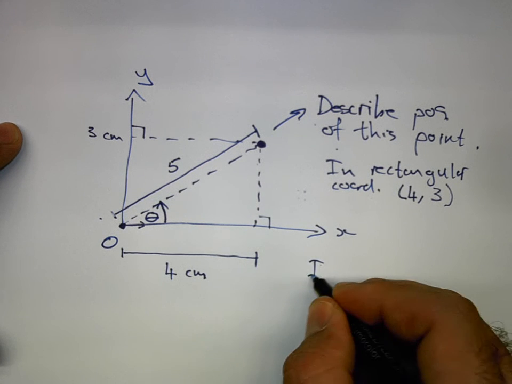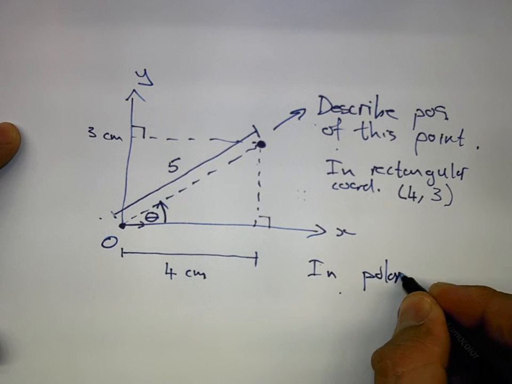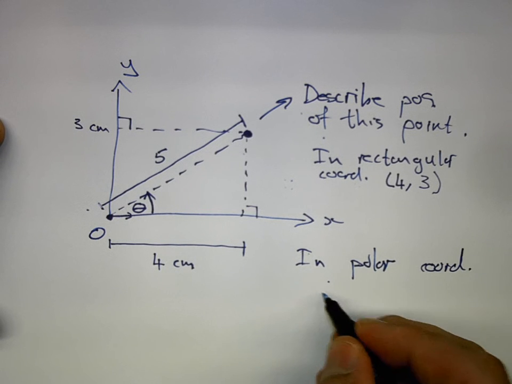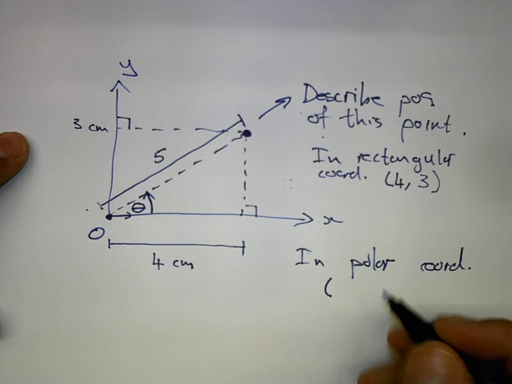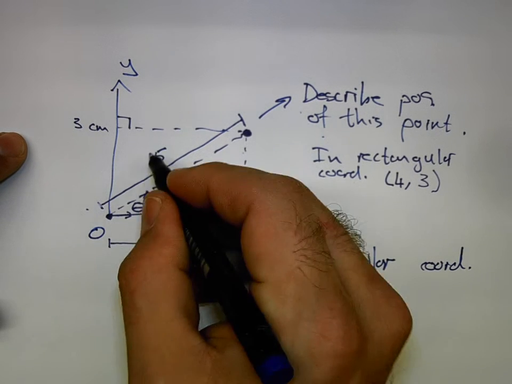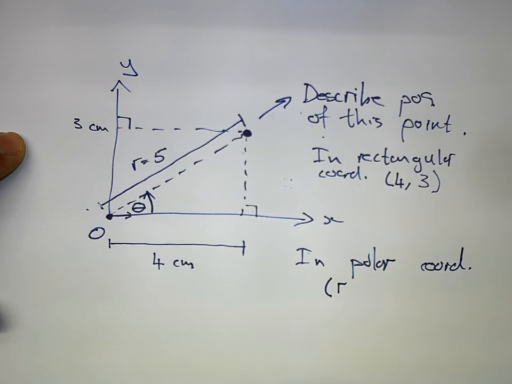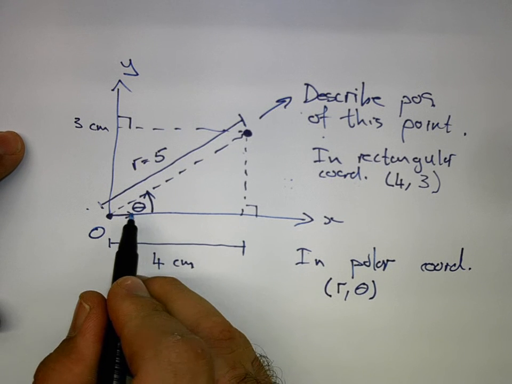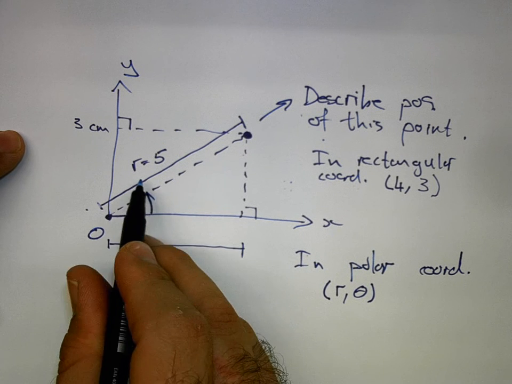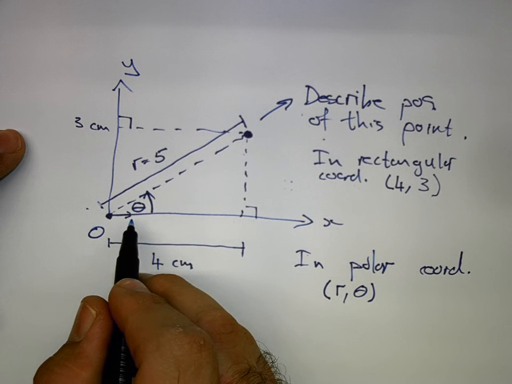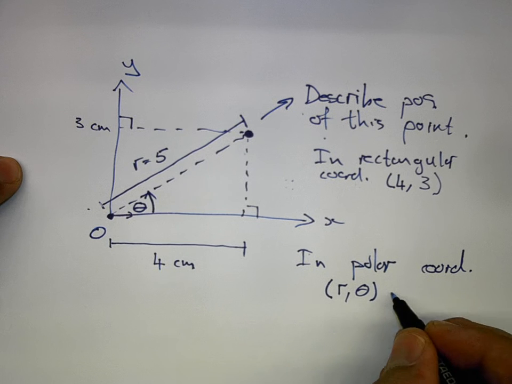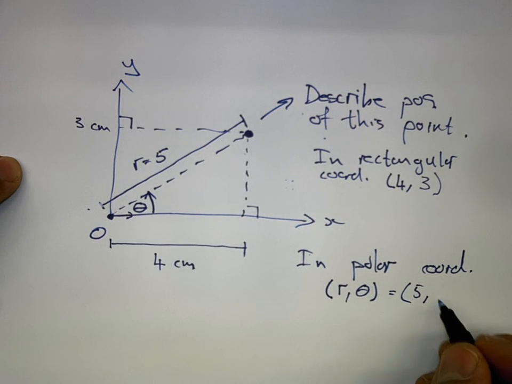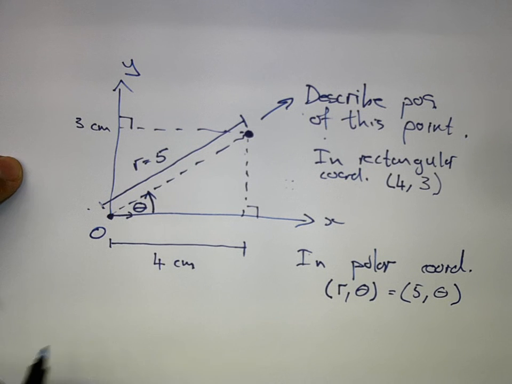So in polar coordinates, the position of this point is defined by r, which is this distance, so how far away from the origin it is, and an angle theta, which means if I start from the positive x-axis and rotate counterclockwise, by how many degrees must I rotate? This is then 5, and we don't know this angle yet, we can measure it, but it will be some value in degrees.